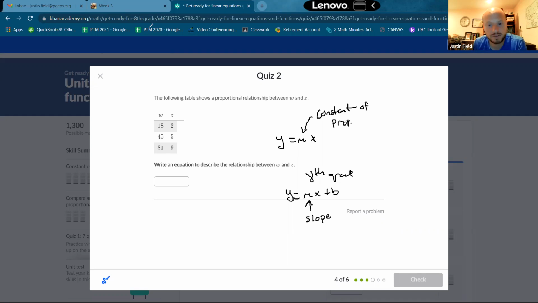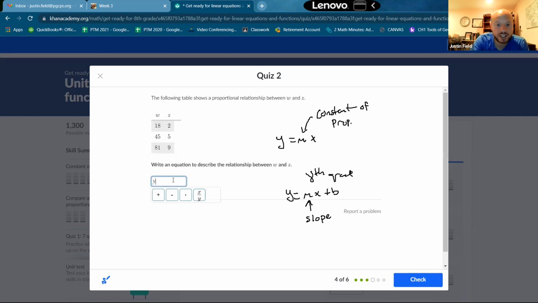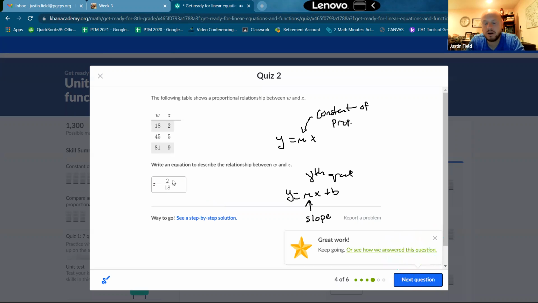Sometimes the slope is a constant of proportionality, as in this case. We can take any y value and divide it by any x value, and it's proportional. So 2/18 equals z over w, and that would be z. Notice they have, instead of x, y, they have w, z. I thought it was going to want me to simplify, but all right.